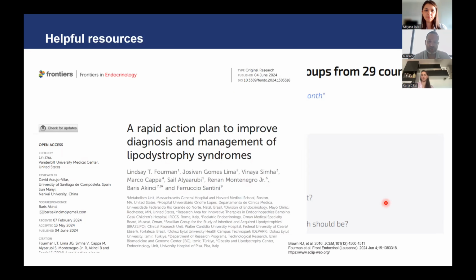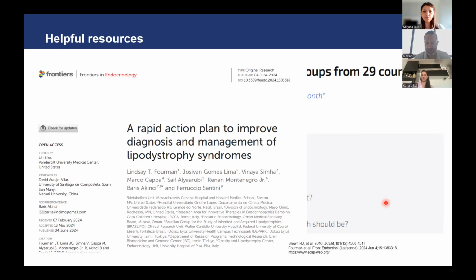So there are also additional papers, and one example is this rapid action plan that we wrote, I believe, now more than a year ago. So it's not a guideline, but this is specifically designed for younger physicians, less experienced physicians. This is not for experts.